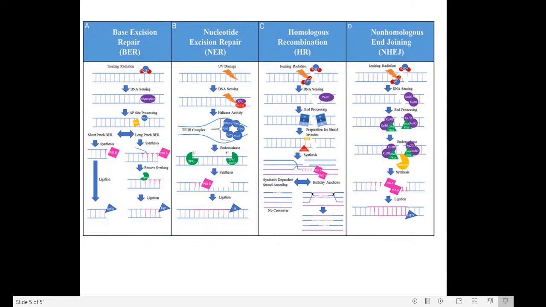Another one is nucleotide excision repair, NER. It helps to repair the damage caused by UV.